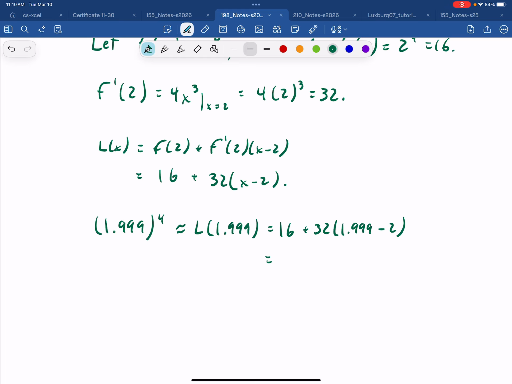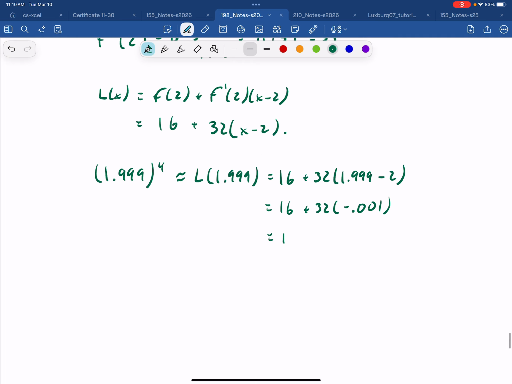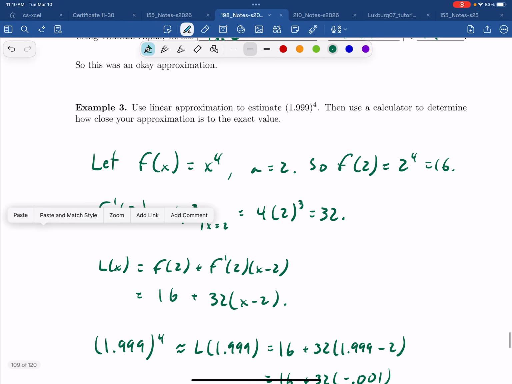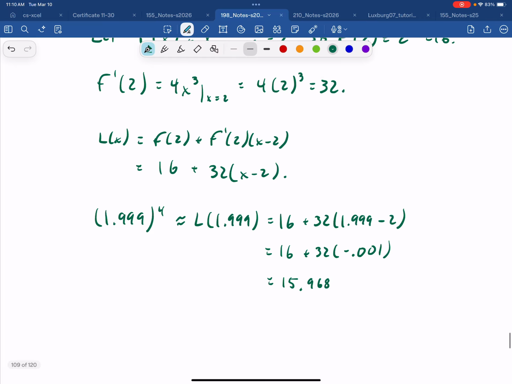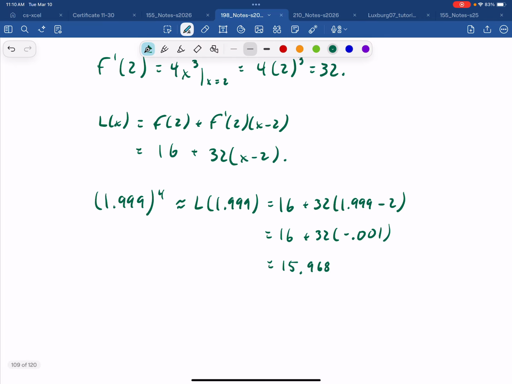And note that unlike the other two times, we're actually getting a number that's negative in here. This is negative 0.001, right? So this winds up being 15.968, I think it is. Okay? Which makes sense because a number a little bit less than 2 to the fourth power should be a little less than 16.